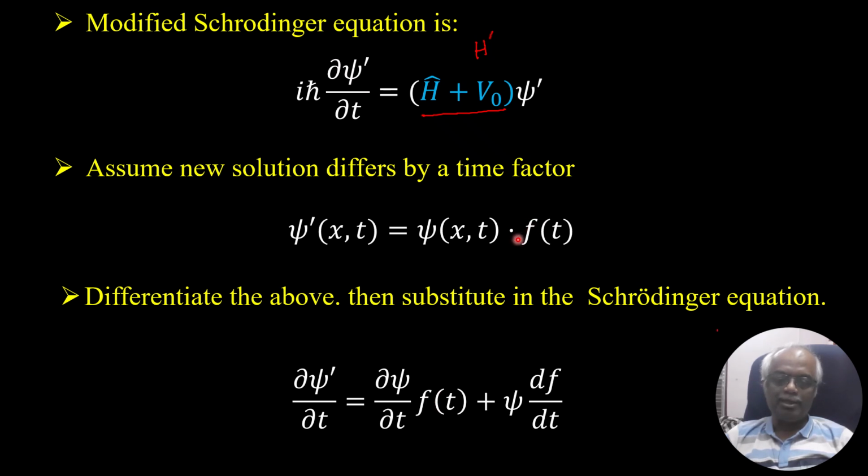Then you keep psi of x as it is and differentiate f. Here I'm using a full derivative because this function depends purely on time only, so psi times df over dt. Now we have to rearrange and substitute.